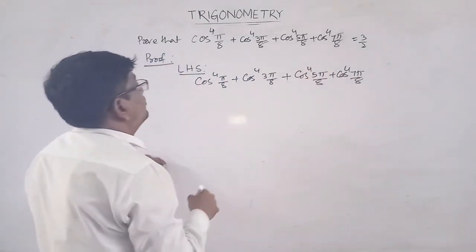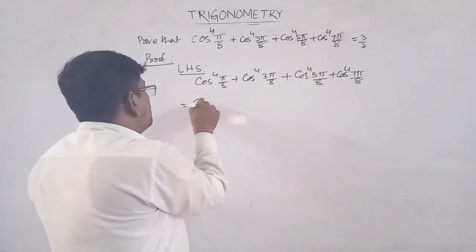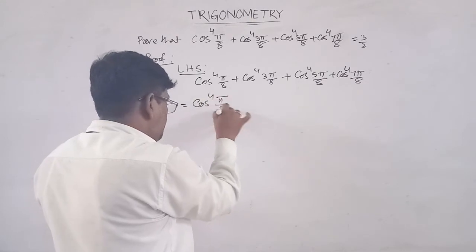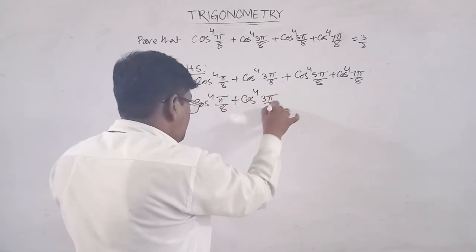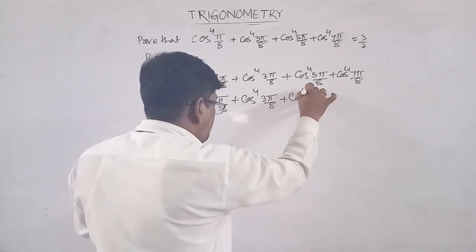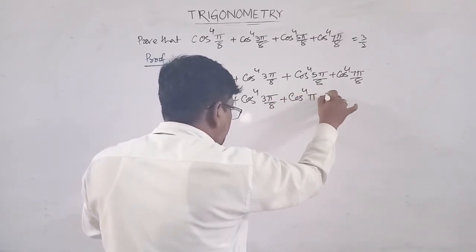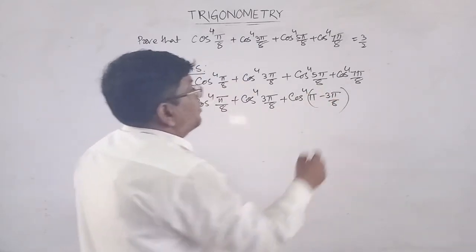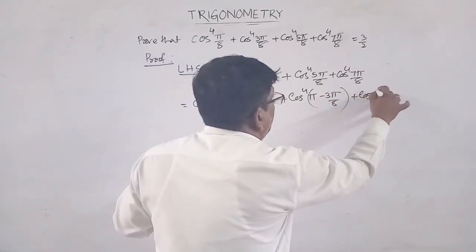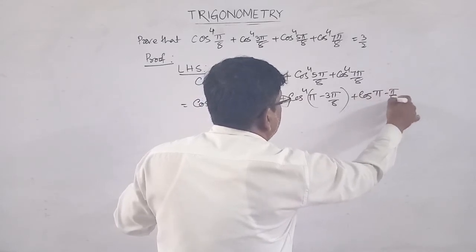Now this can be written as cos 4 pi by 8 plus cos 4 3 pi by 8, and this is cos 4th of pi minus 3 pi by 8, and this is cos 4th of pi minus pi by 8.